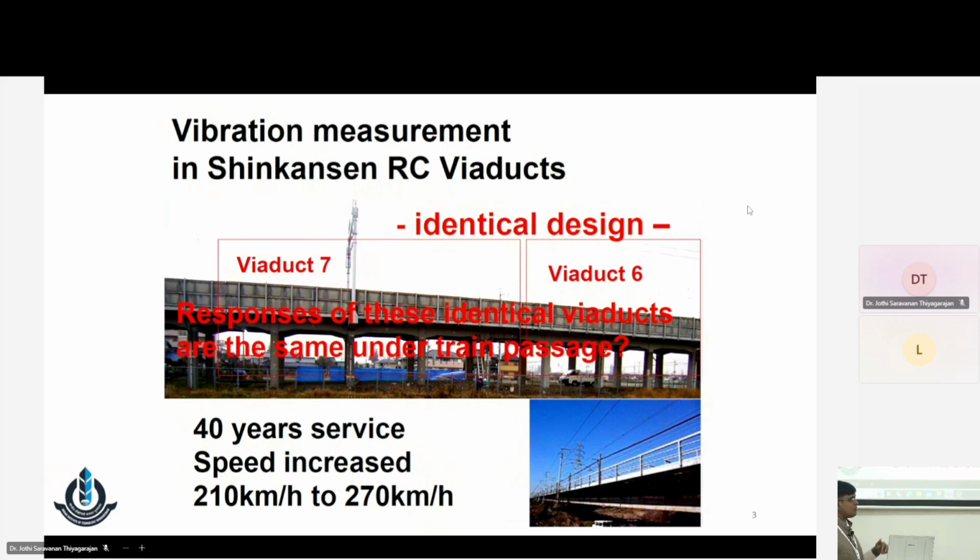So now the question comes of how to increase the speed from 210 to 270. This was one of the challenging problems they had, and they tried to go for retrofitting. See why I am showing this: bridge health monitoring is important, and the infrastructure used for the transportation system is very important, at least in the Indian case.